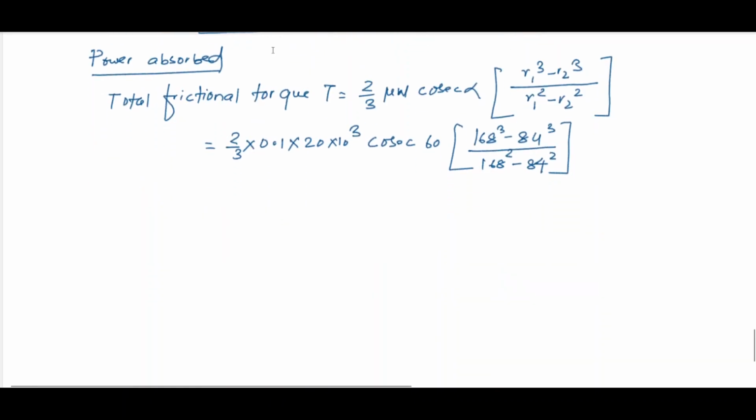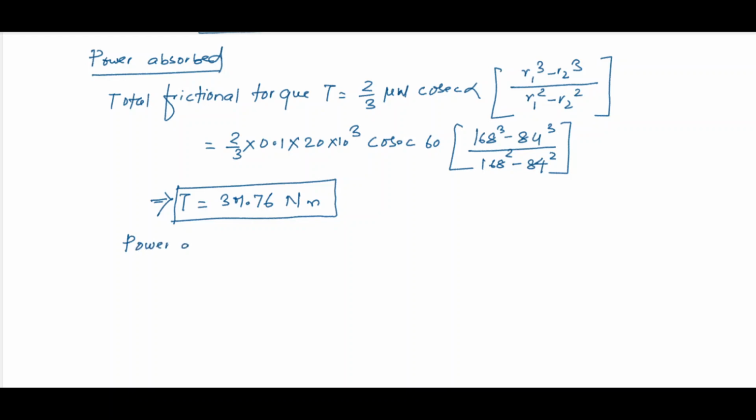So T will be equal to 301.76 Newton meter. If you calculate and convert into meter, you'll find it will be coming around 301.76 Newton meter, and power absorbed P is equal to T dot omega.